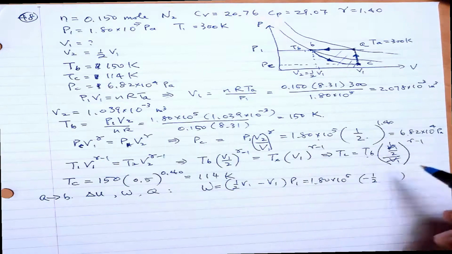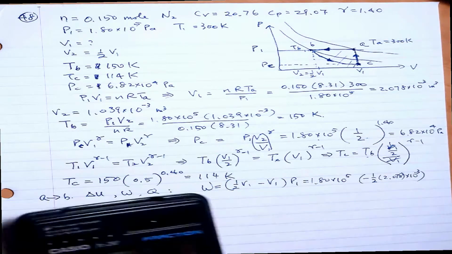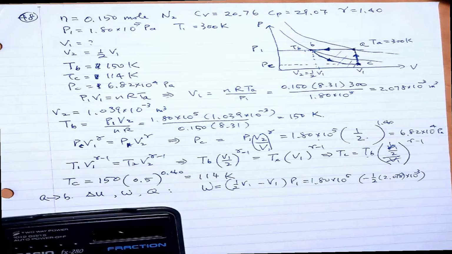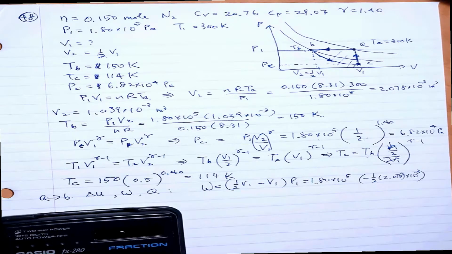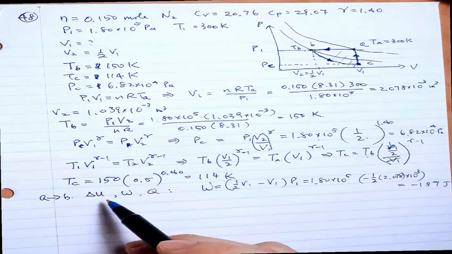V1 we already figured out was 2.078 times 10 to the negative 3. So 1.8 E5 times negative 0.5 times 2.078 times 10 to the negative 3. So I get negative 187 joules. So that's work done, and this is isobaric.